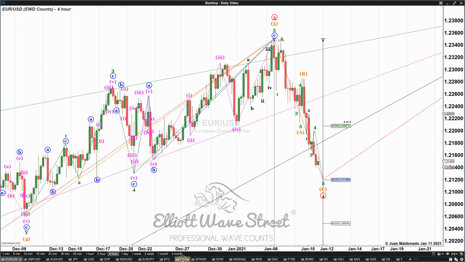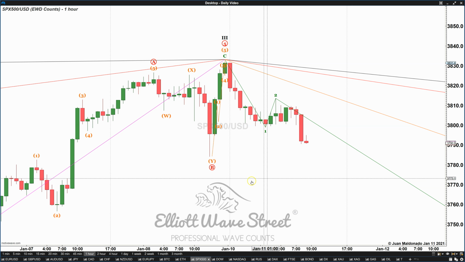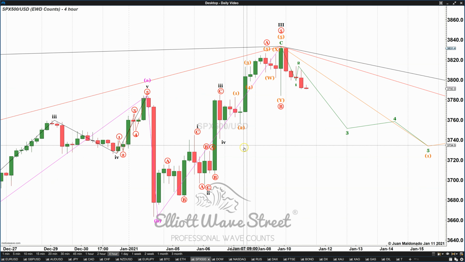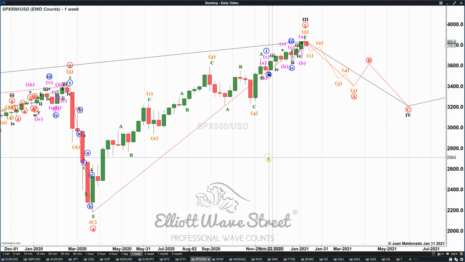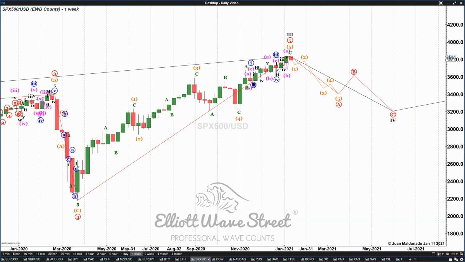Let's have a look at the S&P. On the S&P, I have big news. After following the move up, it seems that we could be in a major top, especially if we have a look at the weekly chart. On the weekly chart, this is the wave count for the first part of 2021.